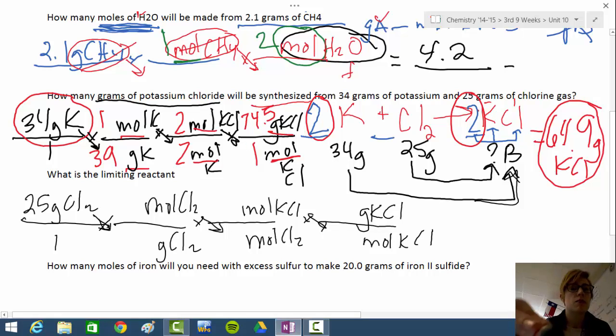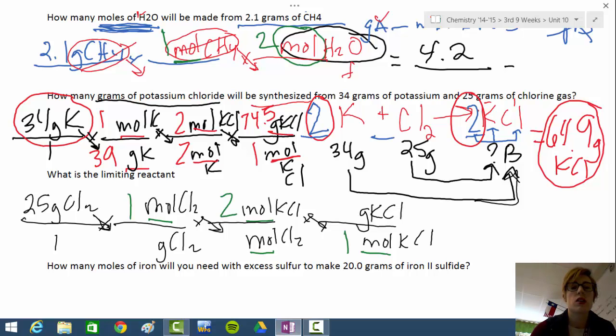And then I'm going to plug in numbers. So this is moles over grams, so it's 1. This is moles under grams, so it's 1. These are moles over moles, so I get to use coefficients. So 2 is the coefficient of KCl, and 1 is the coefficient next to chlorine. So now I just have to do molar masses. So the molar mass of KCl we actually already calculated.